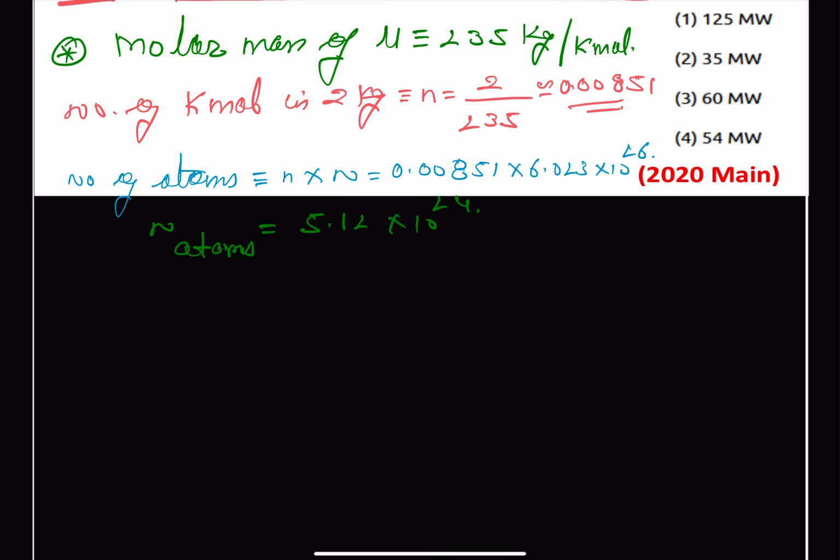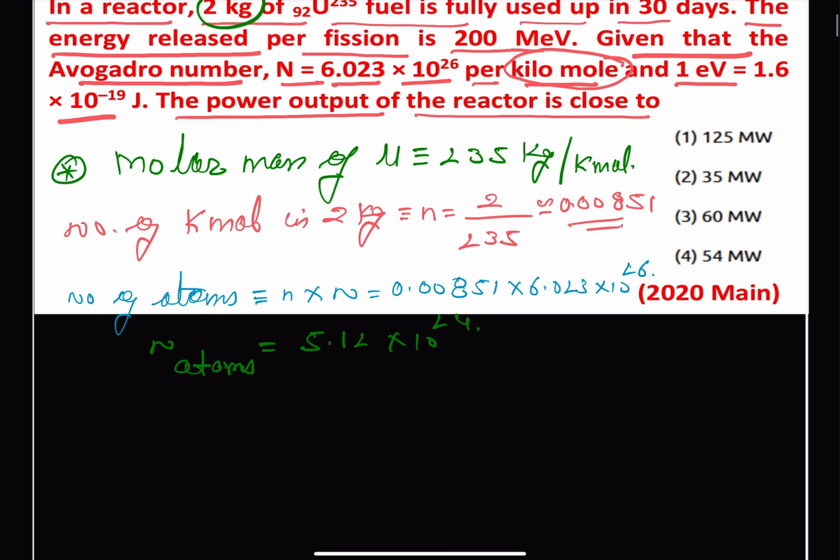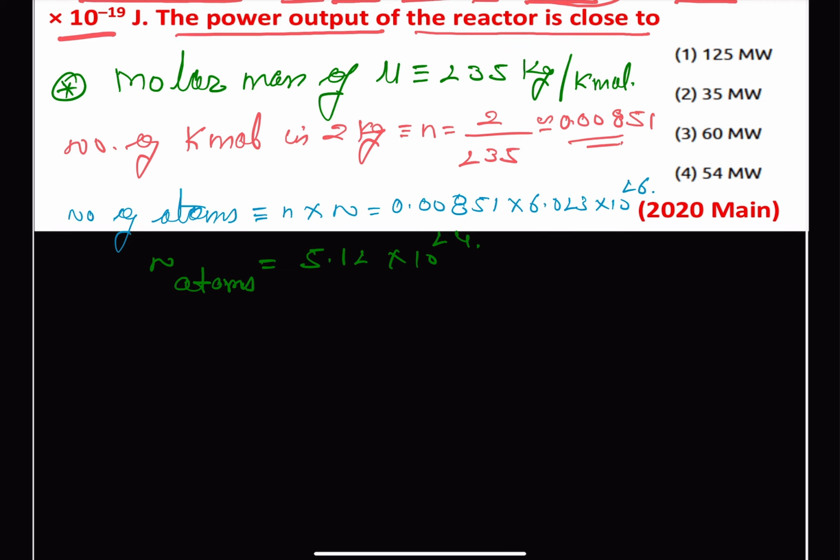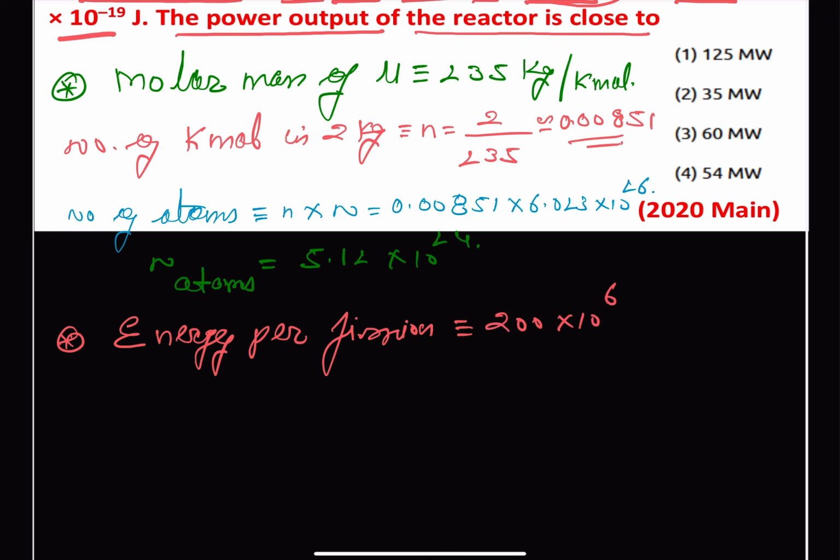Now we are given that the energy per fission is 200 mega electron volt. So we can write this as 200 into 10⁶ electron volt.